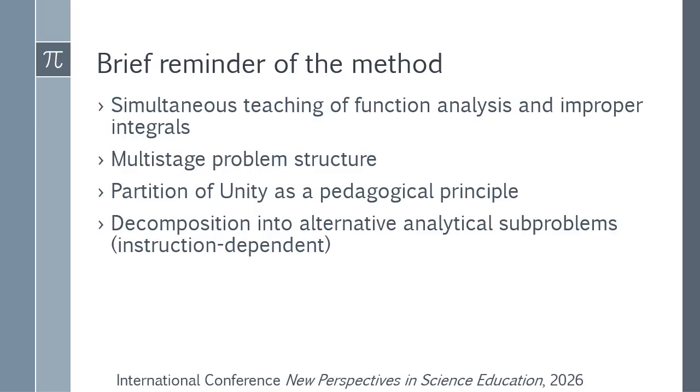This brief reminder is intended only to fix the context, so that we can focus next on the concrete implementation of the method. At this stage, we select a representative integral type function. It is defined by an improper integral and has no elementary antiderivative in general.